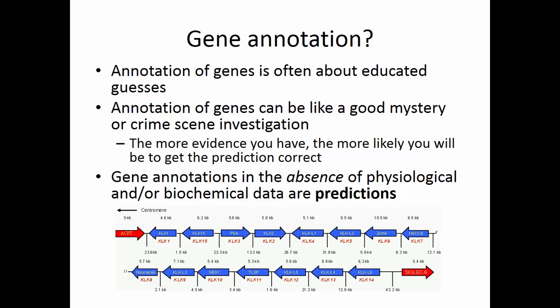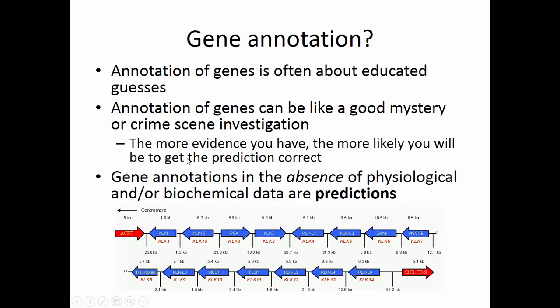They made a bunch of educated guesses because there are some conserved regions that look like they might belong to certain gene groups, their gene products might belong to certain classes of enzymes, something like that. But the fact is, you don't know for sure. So annotation of genes could just be like a good mystery or a crime scene investigation. The more evidence you have, the more likely you will be to get the prediction correct.